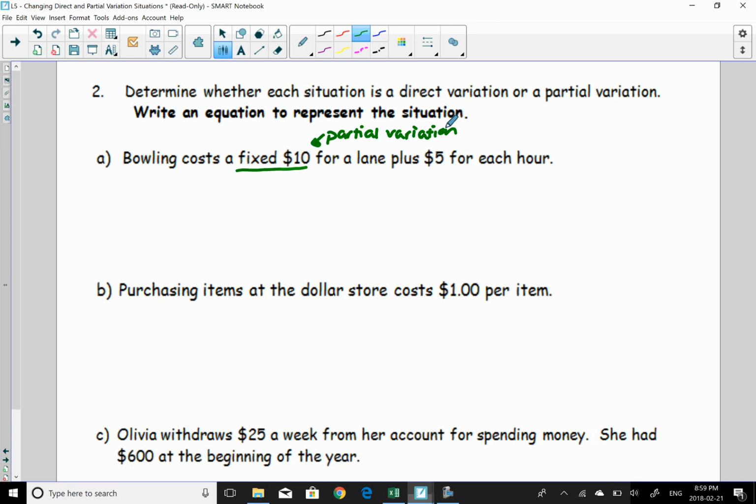And in this one, bowling costs a fixed cost of $10 for a lane plus $5 for each hour. And this is my slope because it's for each hour.